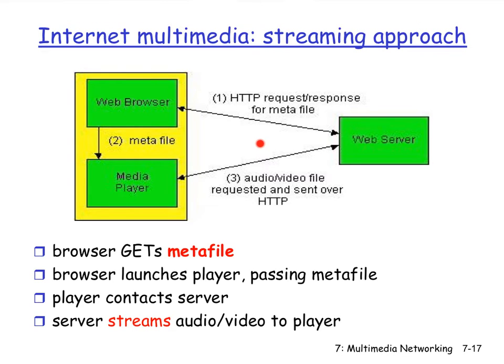So the first issue here is that we are forced to use TCP as the transport layer, because that's what HTTP uses. And as we said, we talked about some issues related to TCP, right? There is an issue with TCP that the retransmissions will introduce some delay and so on and so forth.